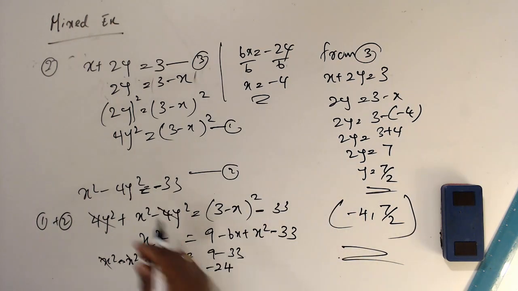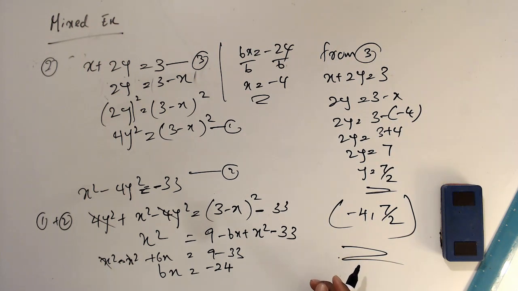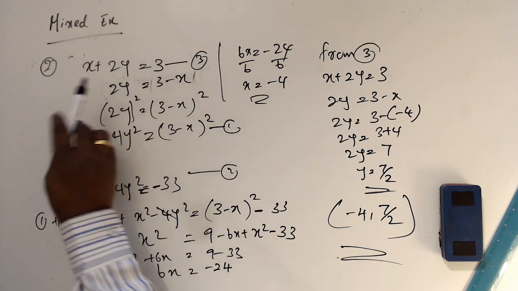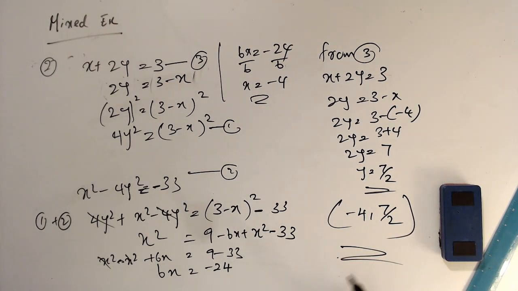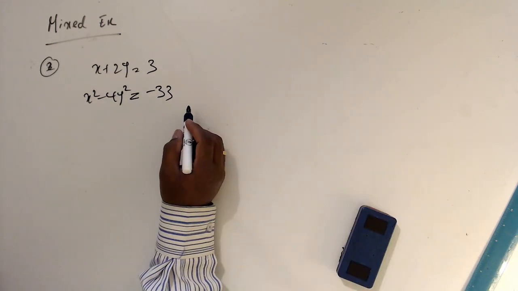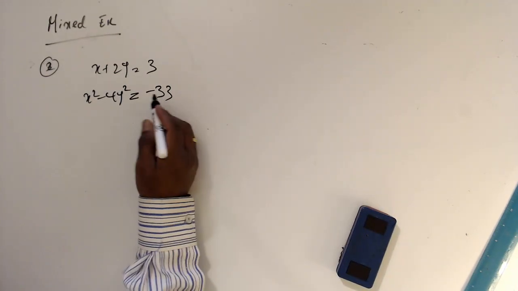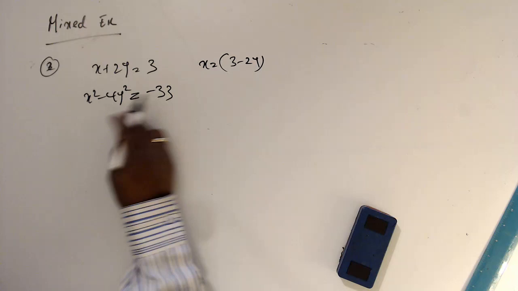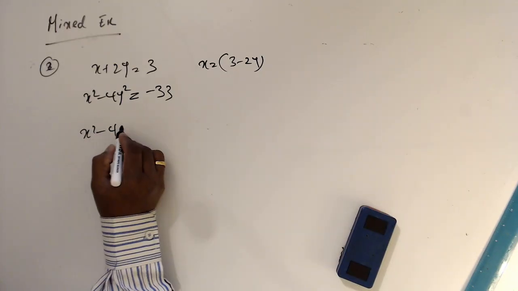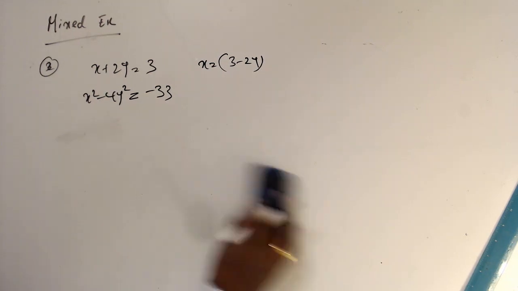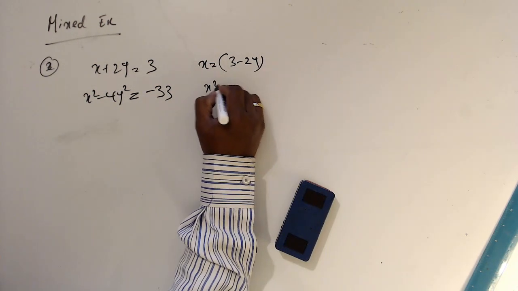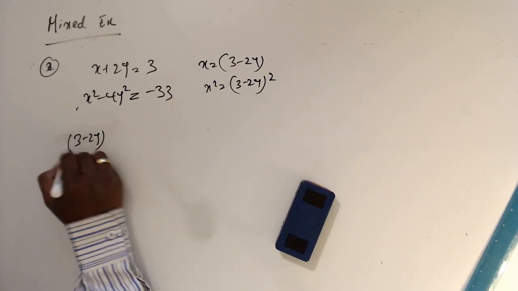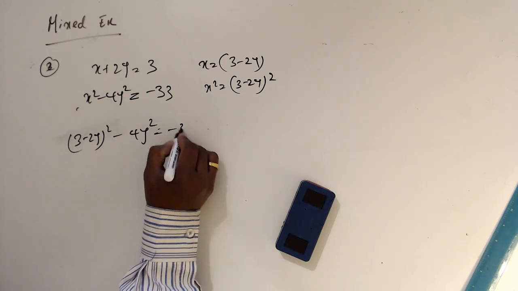Try to work out this sum in different ways to get good experience. Instead of making 2y the subject, you can make x the subject and substitute. In the previous sum, students usually do x equals 3 minus 2y and substitute: x squared becomes (3 minus 2y) squared, then this becomes (3 minus 2y) squared minus 4y squared minus 32.